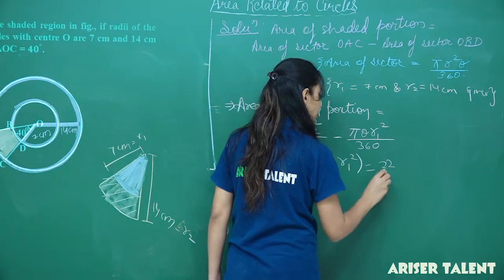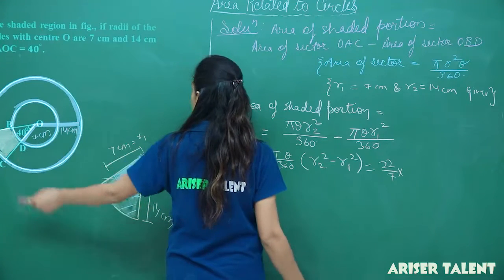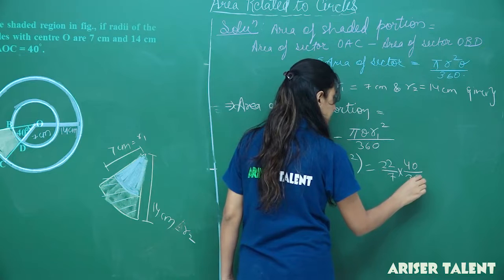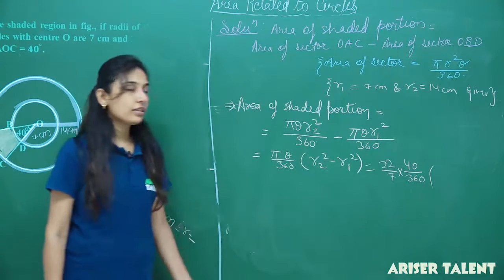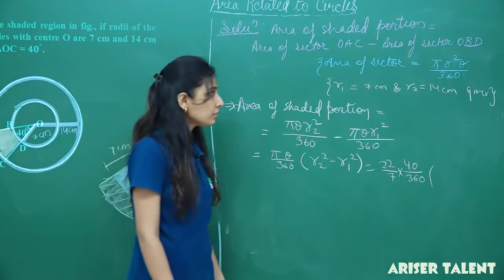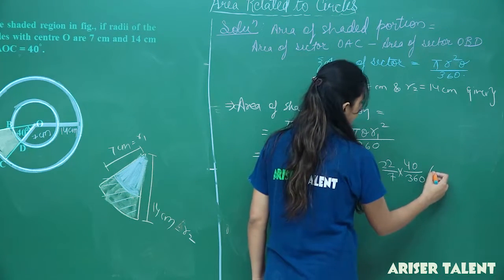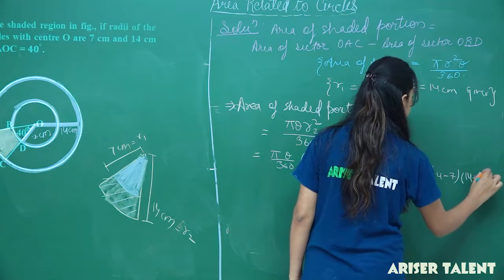22 by 7 for pi. Then theta is given as 40 degree upon 360 degree. Now, a square minus b square is equal to what? a plus b, a minus b. So, can I just write it as 14 minus 7 and 14 plus 7?